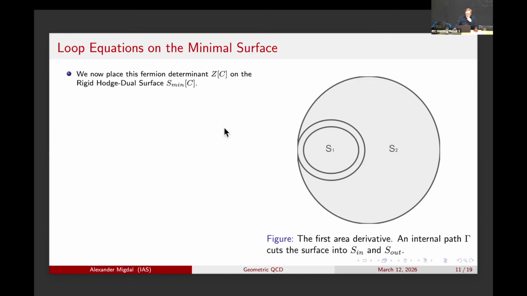Let's consider that theory, and let's find the variation of this fermion determinant with respect to area derivative. So we change the boundary. So that's our boundary. We change the boundary. How do we change the boundary?